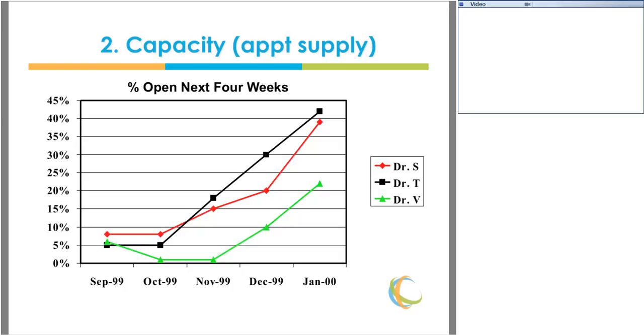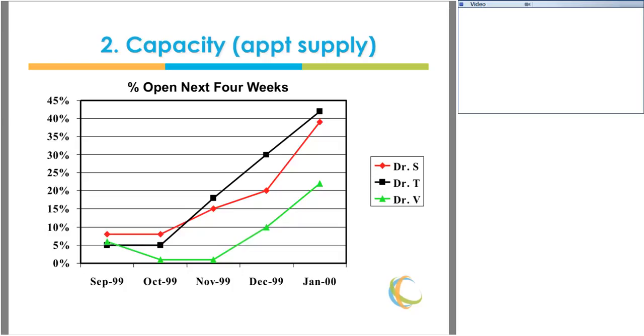And what we saw happen was, as their backlog came down, or as their delay came down, you started to see this improvement in the percentage of their schedule that was open over the next 4 weeks. And I really want to warn people, this is not about shooting for 45% of your schedule being open. This is simply an example of what worked for them.